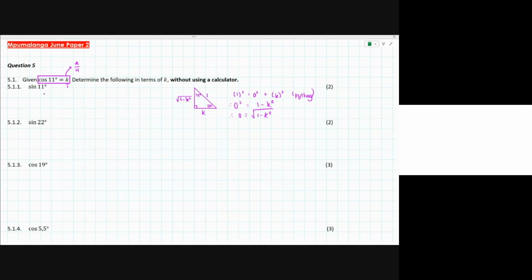So first question, sine 11 degrees, that's nice and easy. I have my 11 degrees. I've just worked out my opposite side, which is over the hypotenuse, which is over 1. So technically, you don't have to worry about the fraction. And sine of 11 is the square root of 1 minus k squared. And so we have got our first 2 marks nice and easily.